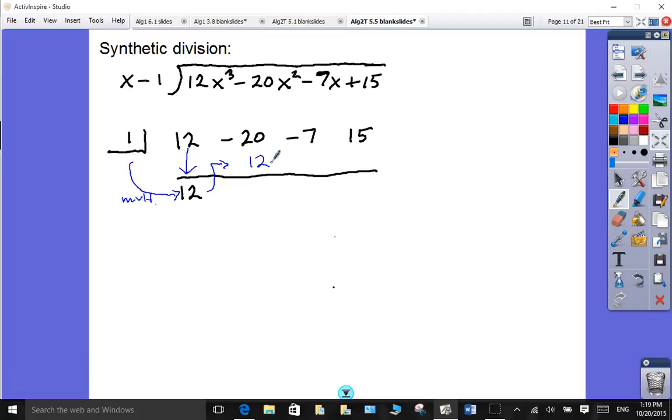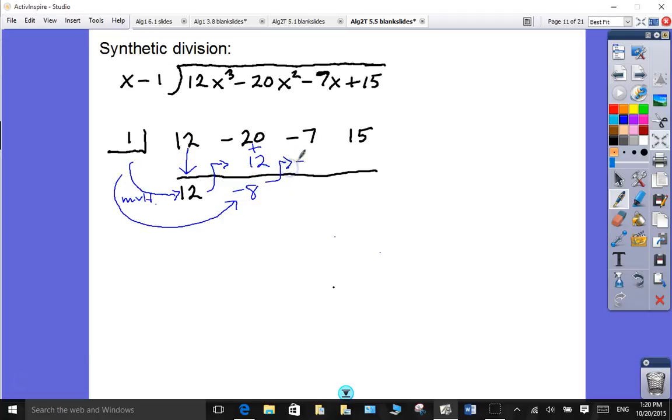Now in long division, that's the step where you would subtract. But in synthetic division, because you changed the minus 1 to a plus 1, you add. So this is an add. Negative 20 plus 12 is negative 8. Then you repeat. 1 times negative 8 is negative 8.